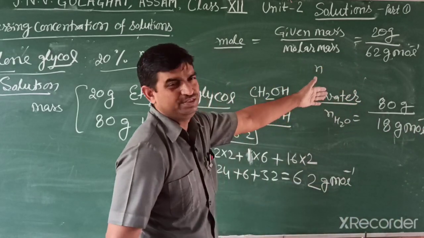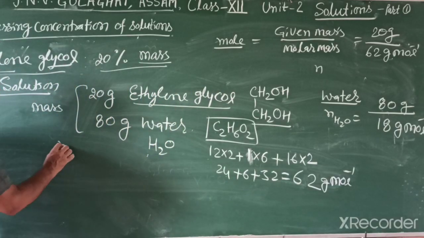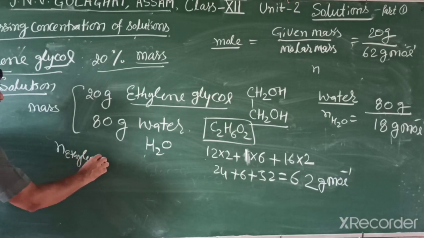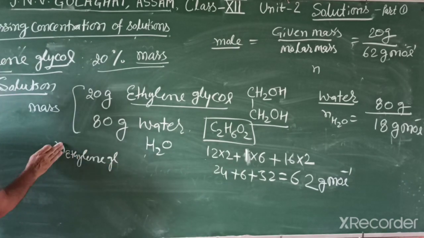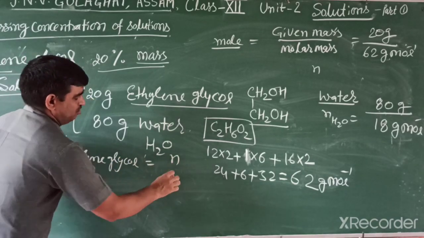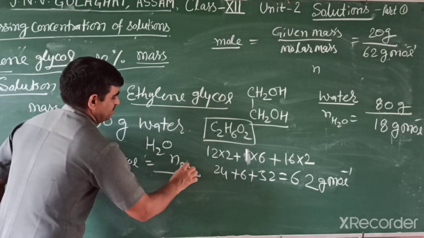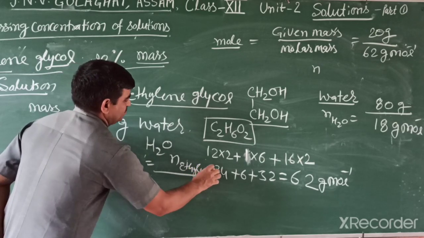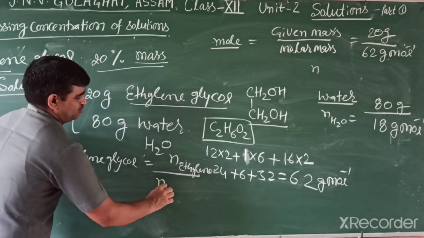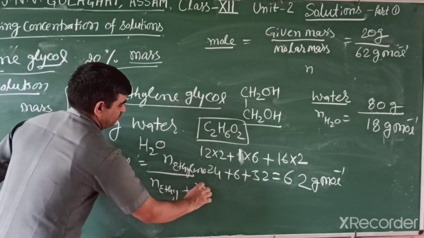When we solve this, after that we find the mole fraction of ethylene glycol. Mole fraction of ethylene glycol is equal to mole of ethylene glycol divided by total mole, that is mole of ethylene glycol plus mole of water.